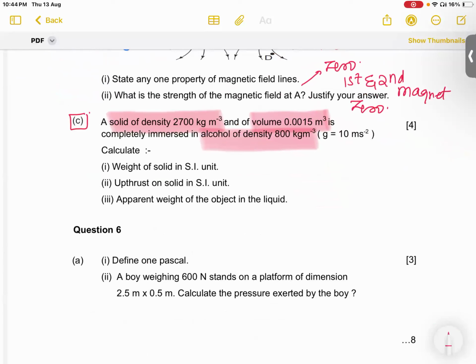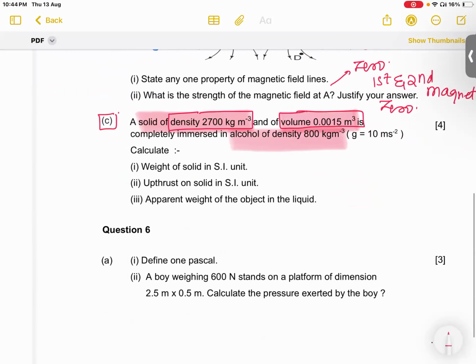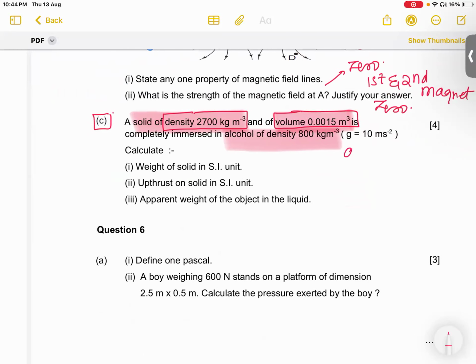First of all, students, they have given me density, they have given me volume. So from these both values, let me first calculate mass. I will write here, since I know that density is mass upon volume, density is 2700, mass is not given, volume is 0.0015. Oh, very weird number it is.